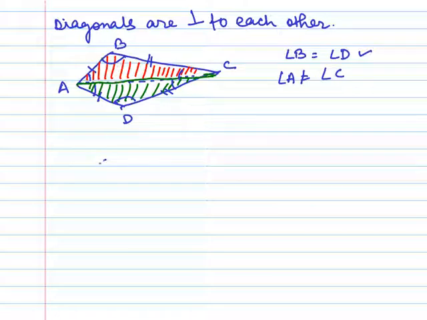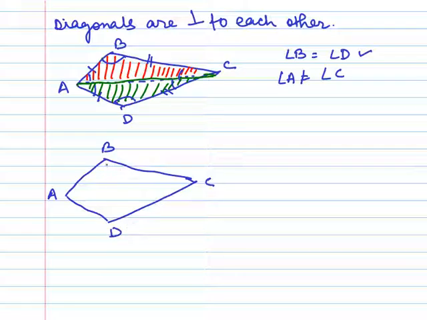Now again I will redraw the same kite. So this is A, B, C, D, right? I will draw the diagonals. This is BD and this is AC.